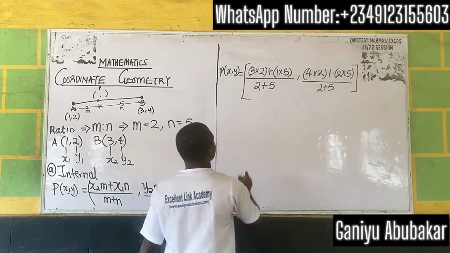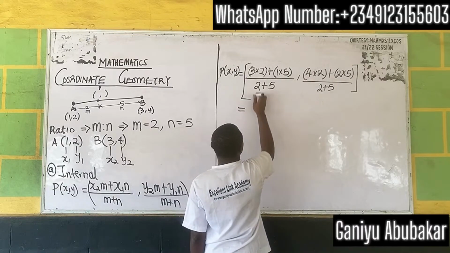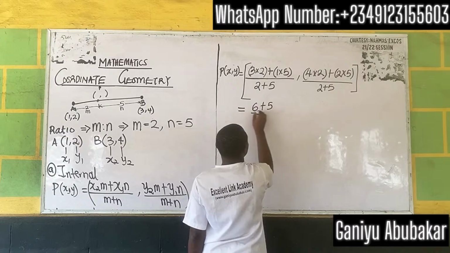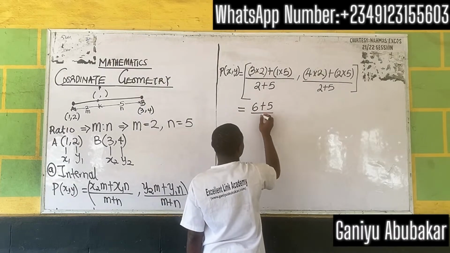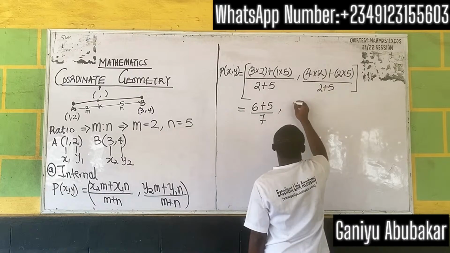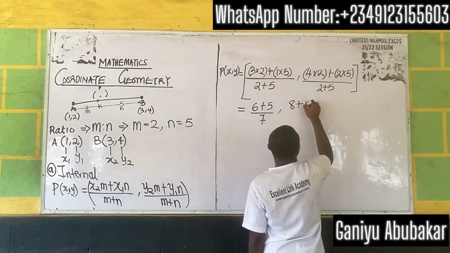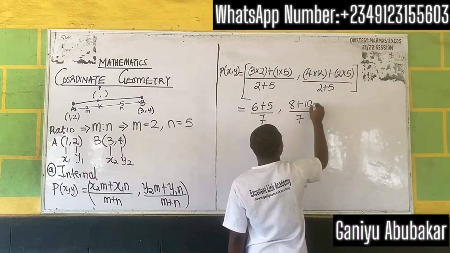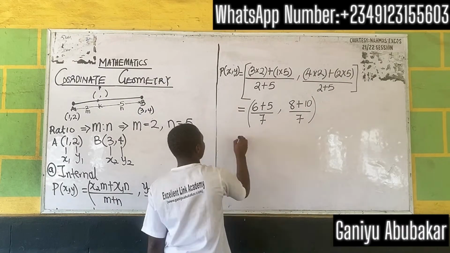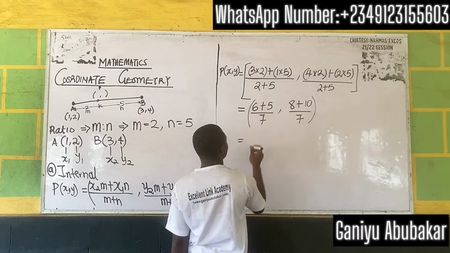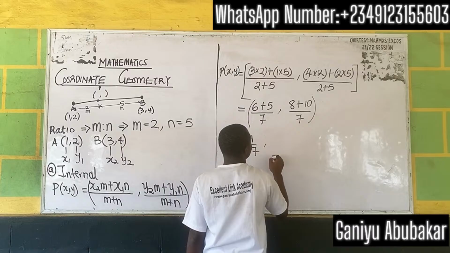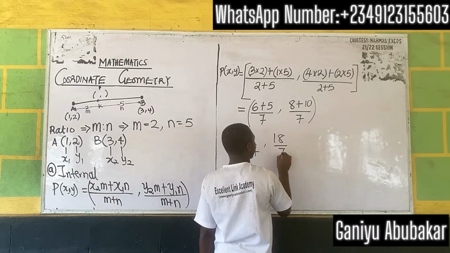Your next task is to simplify further. This gives you 2 times 3 gives 6, plus 5 times 1 gives 5, over 2 plus 5 gives 7, comma, 4 times 2 gives 8, plus 5 times 2 gives 10, over 7. This is now 6 plus 5, which gives 11 over 7, comma, 18 over 7.